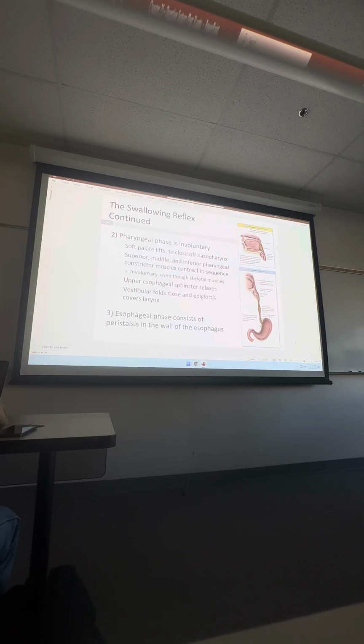But it's not that the epiglottis literally comes down like this, but rather your larynx is lifted up as you're swallowing, and it sort of meets the epiglottis more than halfway. You also have the vestibular folds, which are closing the glottis, so that there's very little chance you're going to inhale that food. Now, if you're talking and you're laughing and you're having a great time and you're eating at the same time, it can happen, right?